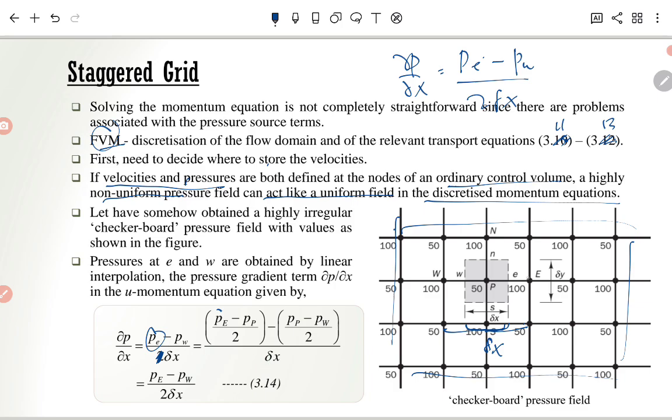So this one we can use similarly for PE, this one minus PE over 2. This one is divided by 2 here, minus this one divided by 2, similarly for the west phase. So we can simplify this with this equation, which is that we have dp over dx equal to PE here.